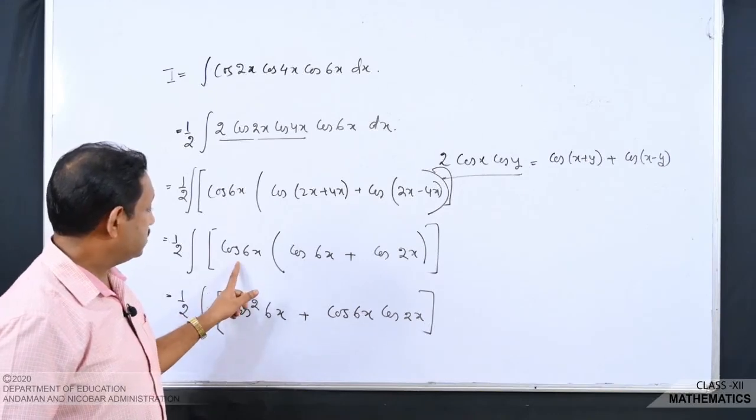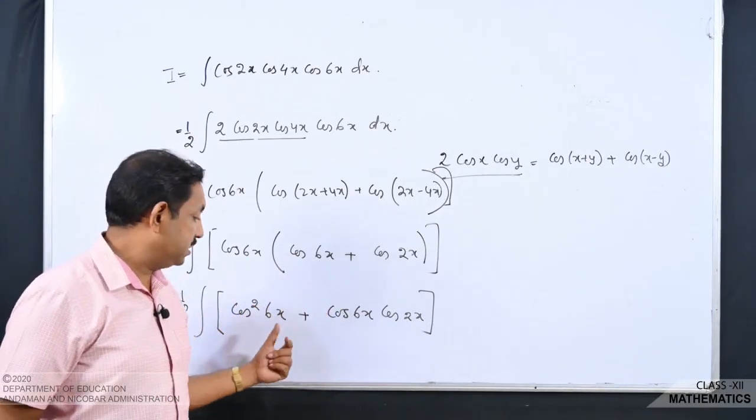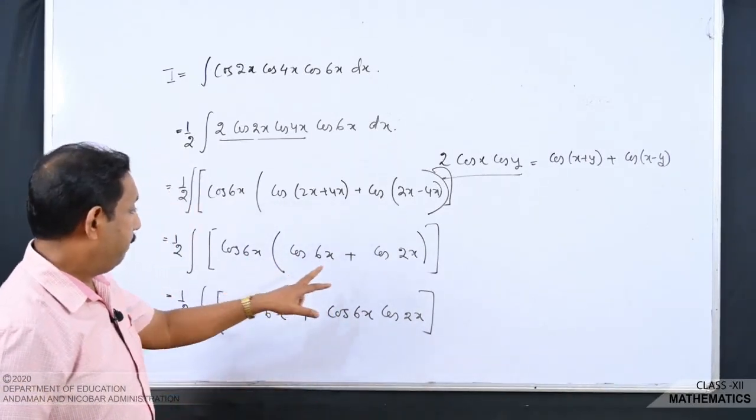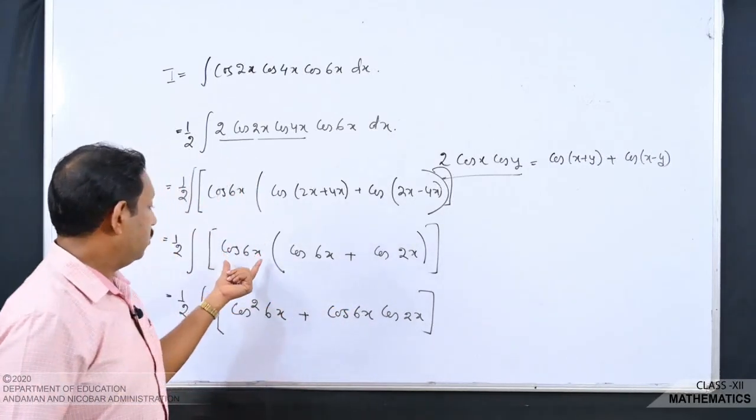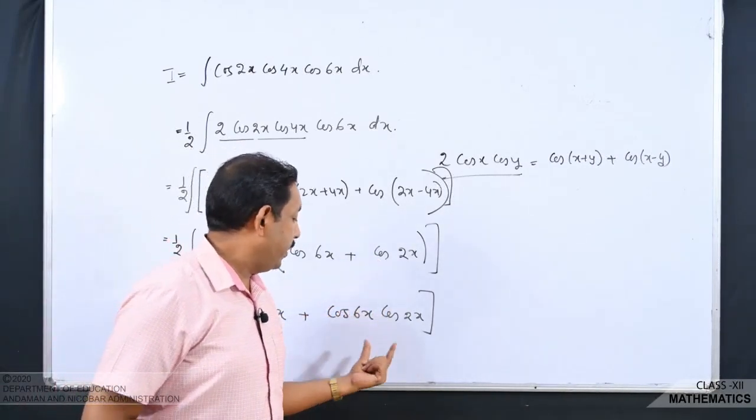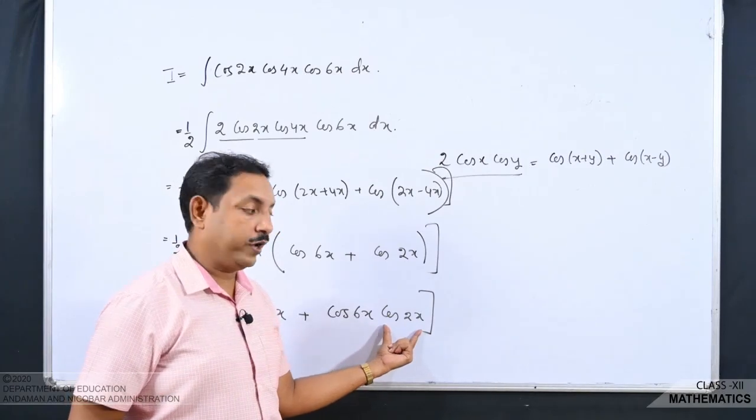This is cos 6x into cos 6x, that is cos square 6x, plus cos 6x into cos 2x.